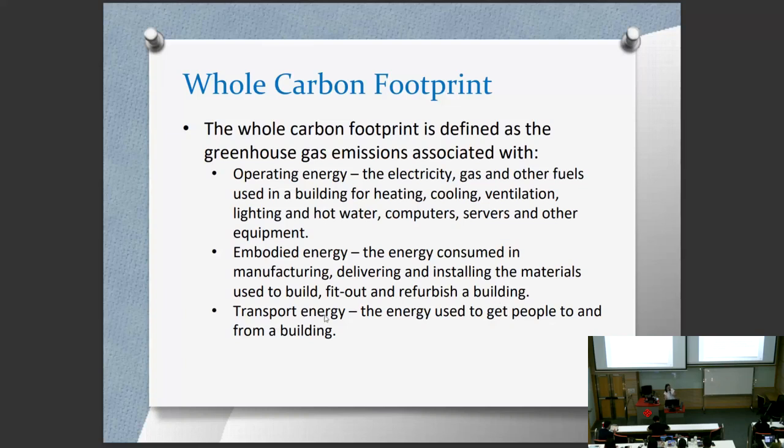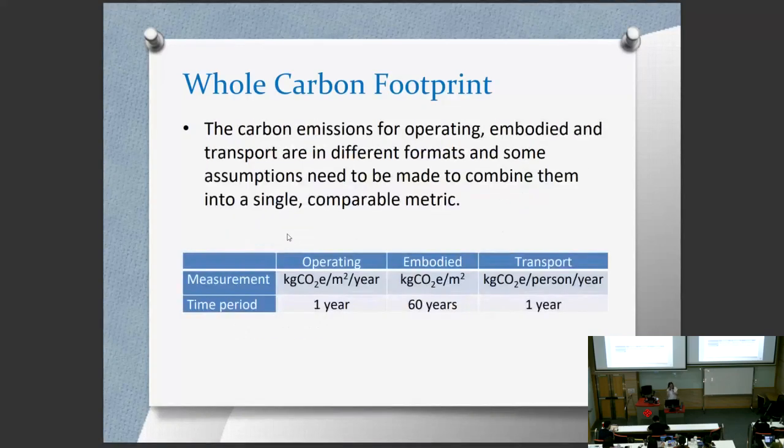And the transport energy is the energy used to get people to and from the building. We can convert energy into carbon when we have the emission factor. The carbon emissions for operating, embodied, and transport are in different formats, and some assumptions need to be made to combine them into a single comparable metric.